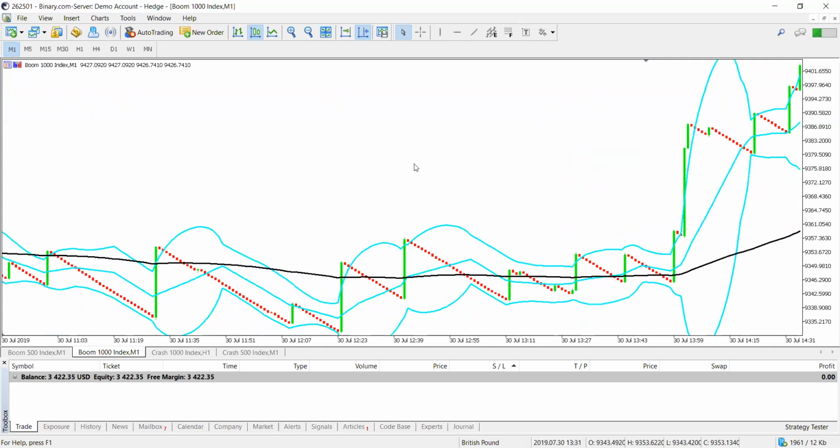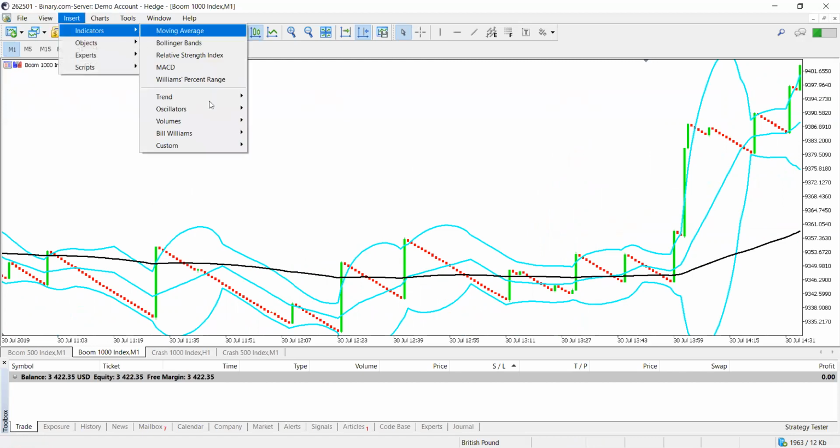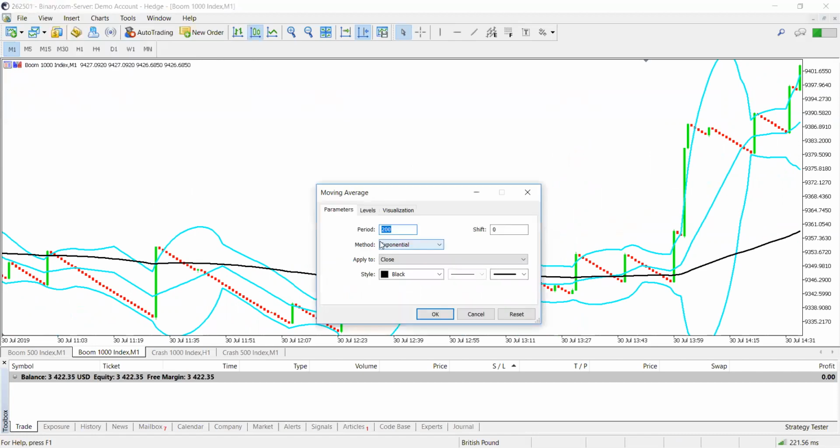Okay, let's add another EMA. Insert another moving average. This is very important, by the way, because this is how you're going to set your charts. Moving averages are there solely so that we can time our booms. To buy boom instead of selling boom, we need indicators.